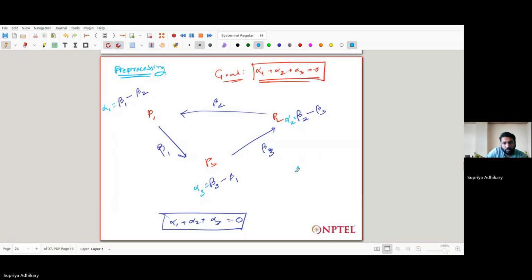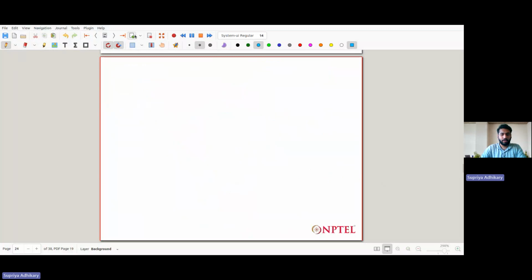It requires one round of communication, because each of beta 1, beta 2, beta 3 can be sent to the next participant in parallel. The total number of ring elements sent is 3. So this is how the pre-processing is done.